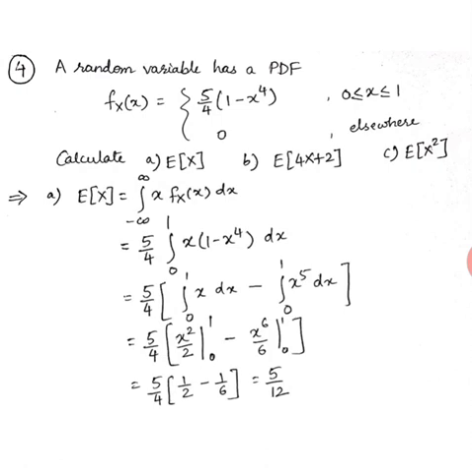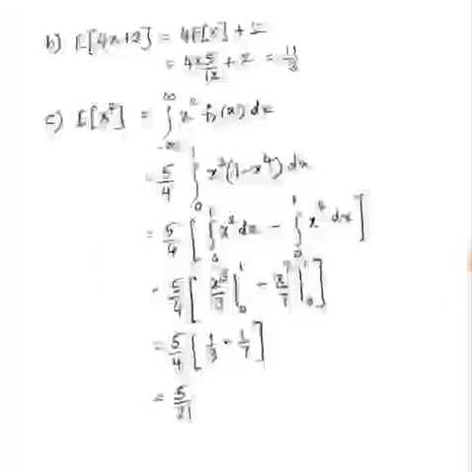Next we need to find the expectation of 4x plus 2. So E of 4x plus 2 is written as 4 into E of x plus E of 2, which is nothing but 2. E of x we have calculated in part A; the answer was 5 by 12. So 4 into 5 by 12 plus 2, and the answer comes as 11 by 3.